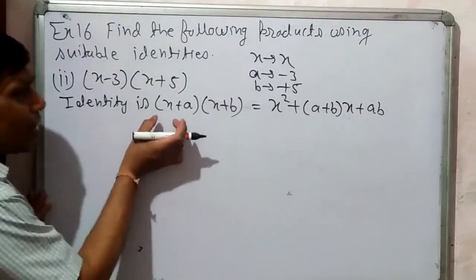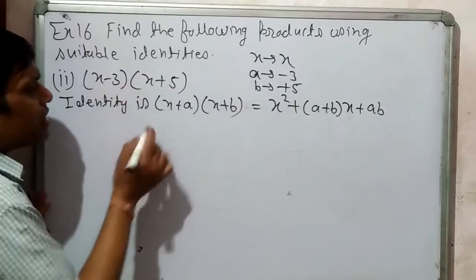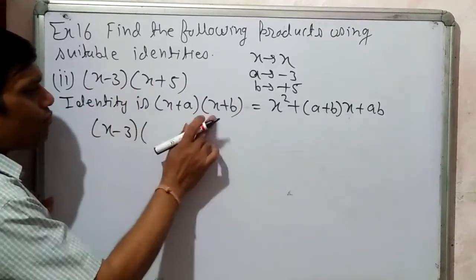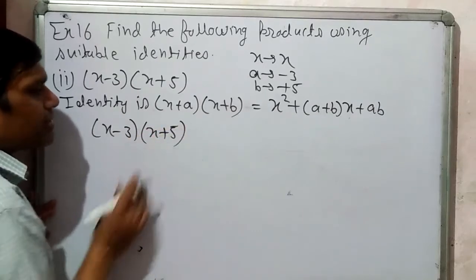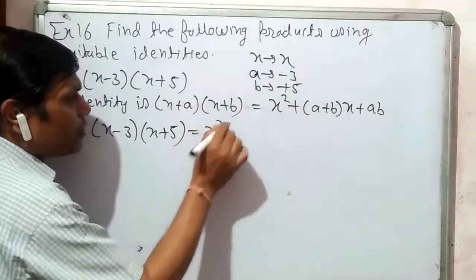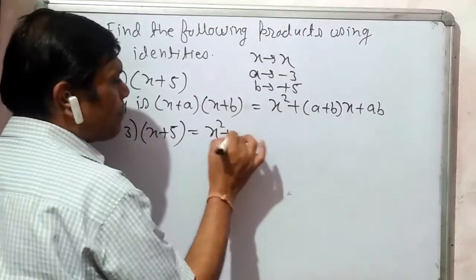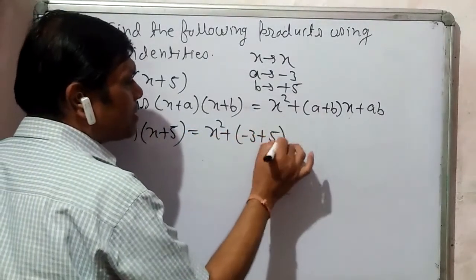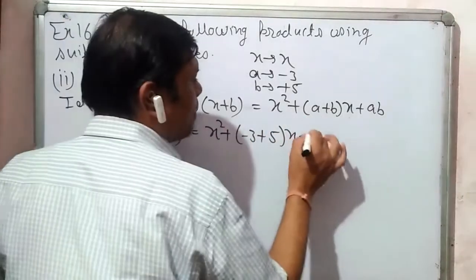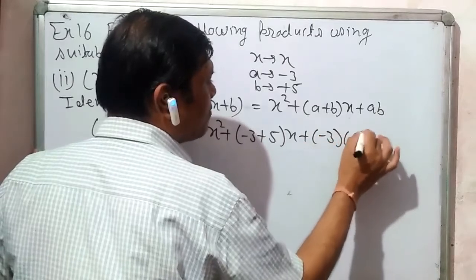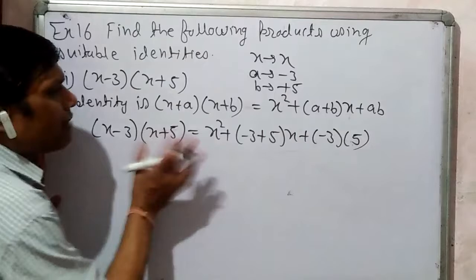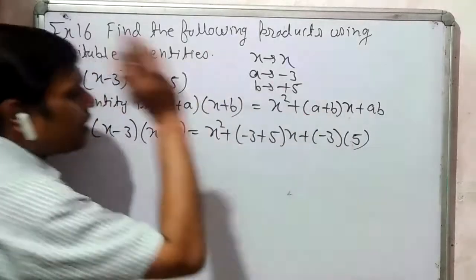So I will rewrite this identity with its values. x is x, a is minus 3, b is 5. Replace these values on the right hand side also. x is x, so x square. a is minus 3, b is positive 5, plus a multiplied with b, minus 3 multiplied with 5. For applying this identity, I have done nothing new. I have simply replaced x, a and b in their place.